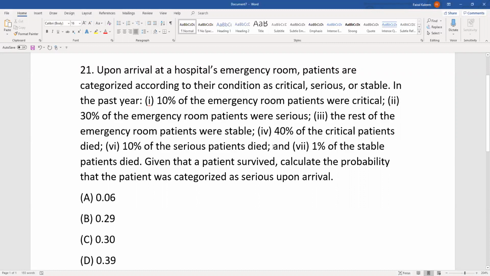Here we will still make a table as before, but we'll make an extra column. Usually we just have the death probabilities, but since in this case we have to deal with the situation that the given condition is survival, we also need to calculate the survival probabilities.